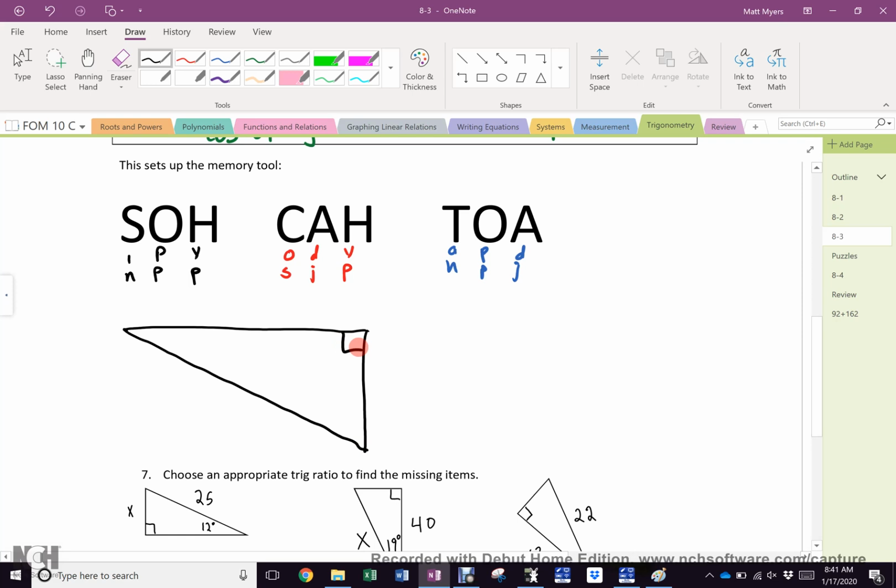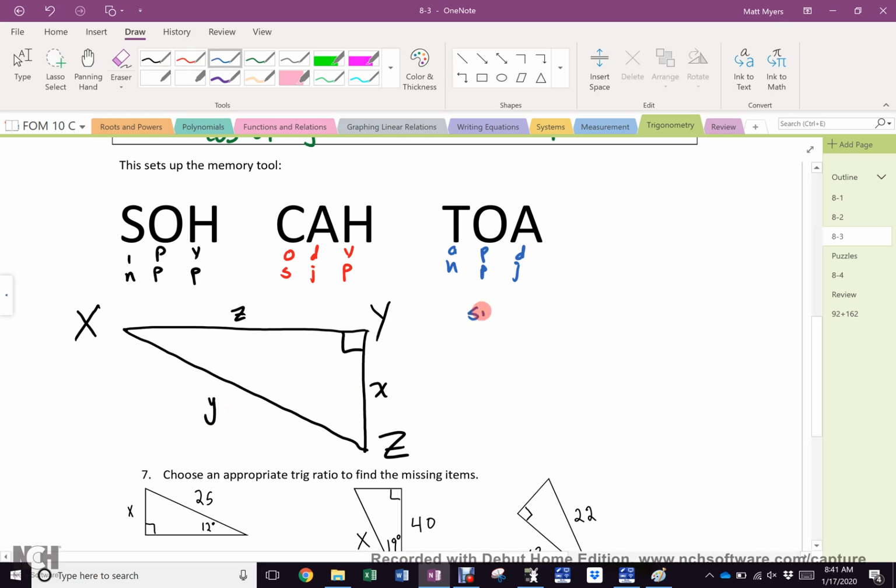X, Y, Z. Now, what does that make this side right here? Little z. What does that make this side right here? Little y. And what does that make this side right here? Little x.